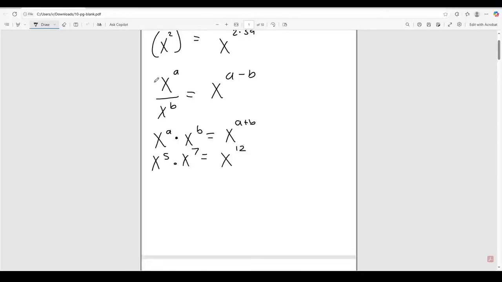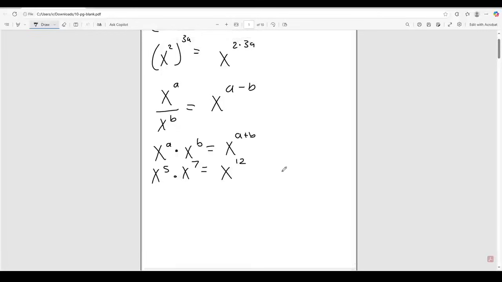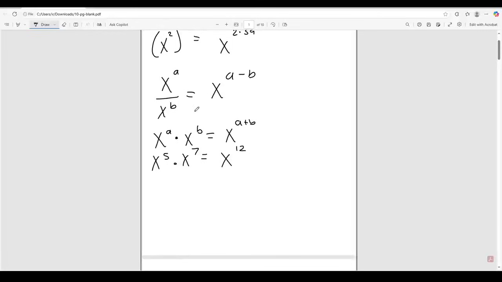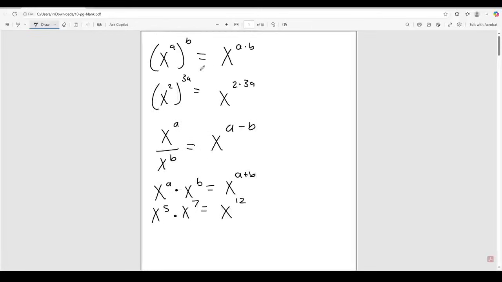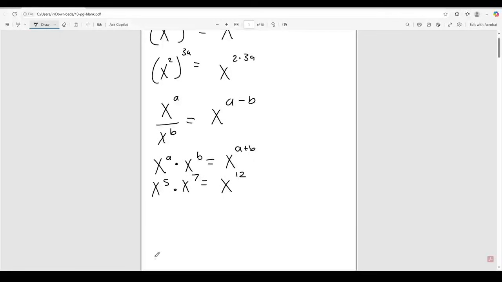Now, we're going to get into more complicated examples of exponents. This is probably the thing that tricks students the most, and that's when you have a fraction as your exponent. So x to the power of 3 over 2. What's that equal to? That's going to equal the square root of x to the power of 3. How do I know that?